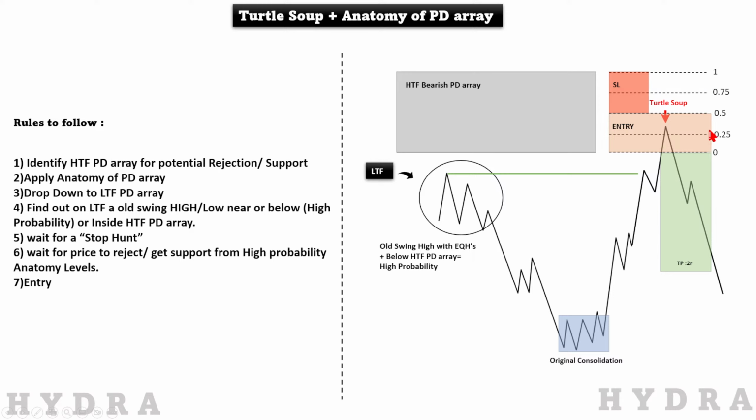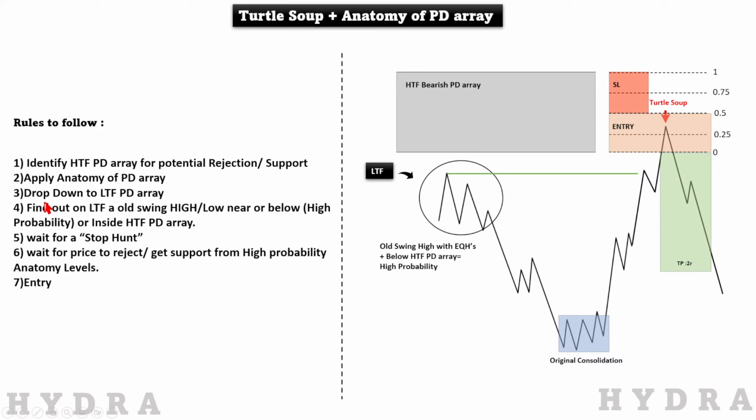You measure the chart like this. The third rule is to drop down to the lower time frame. You see the bearish PDA on the higher time frame, then you drop down to the lower time frame, and this is the structure that you are looking for. It repeats every single day.